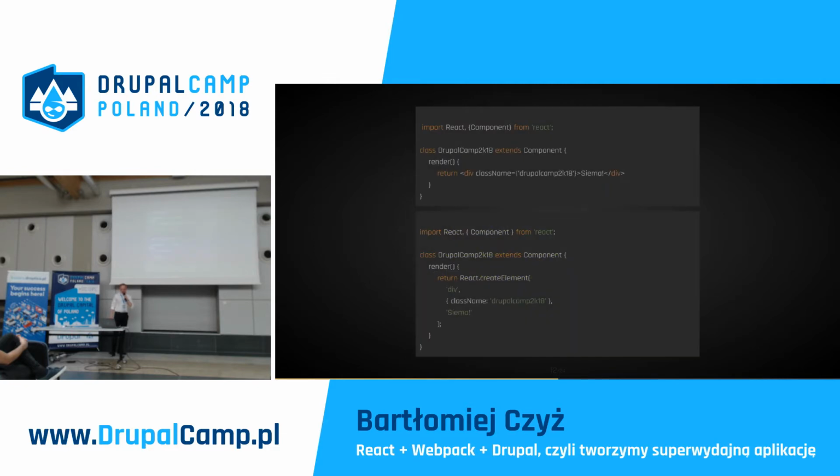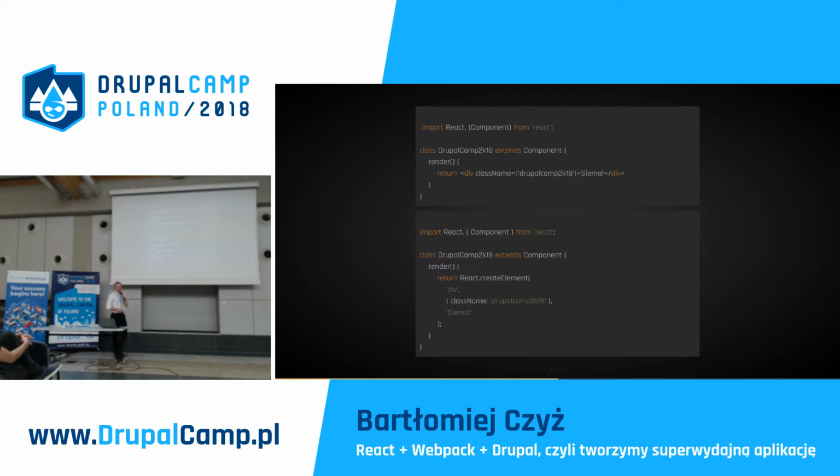Alright, I don't know if you see the code, but on the first code block we have a very simple component. I gave it the name DrupalCamp 2K18, and all it does is render some div. You can see this funny thing that our render method returns HTML.